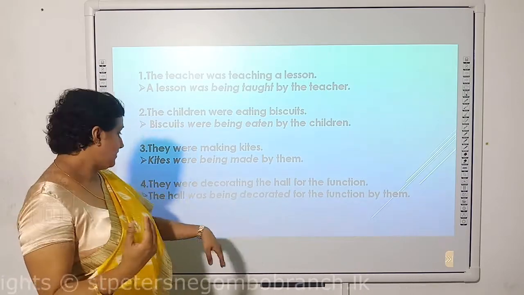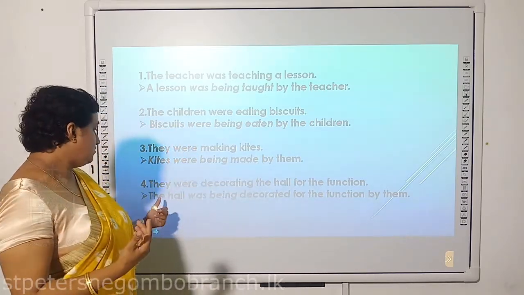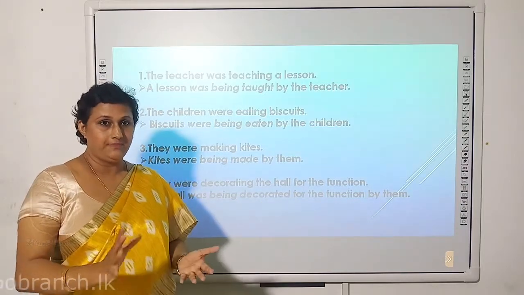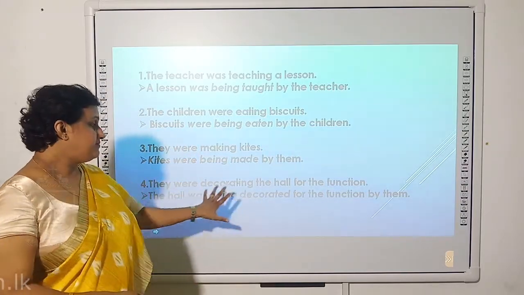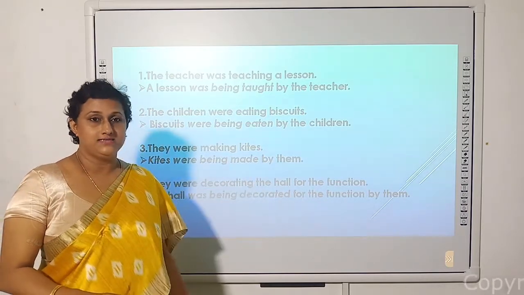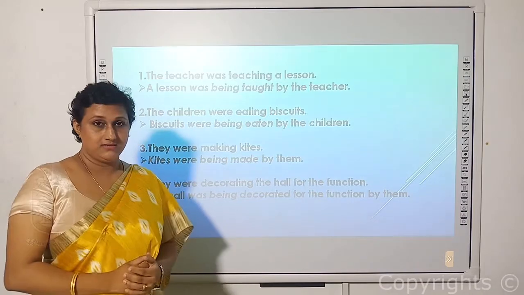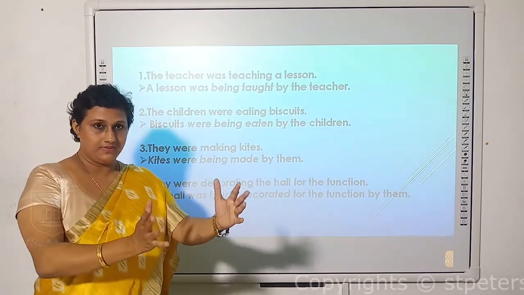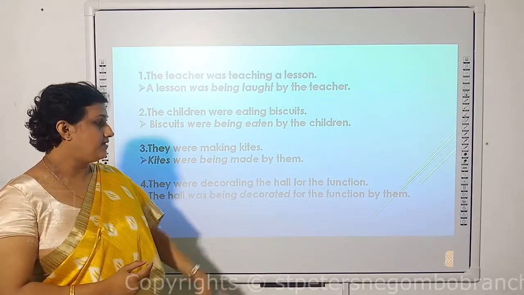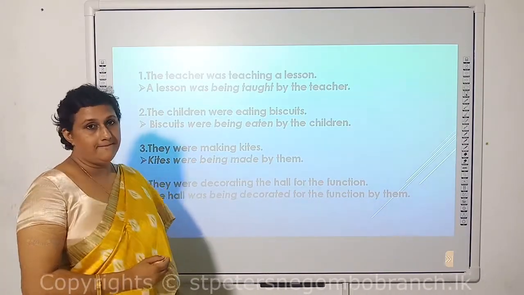So you can use either this way, or you can use the hall was being decorated by them for the function. Okay, that depends. The hall was being decorated. Was plus being formation plus the past participle of the word decorate. Decorate, decorated, past tense, past participle also decorated, right? So the hall was being decorated for the function by them.